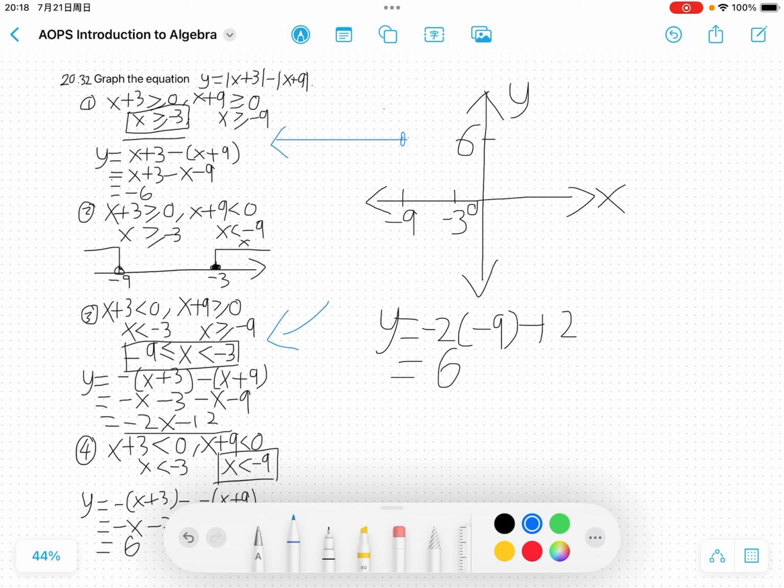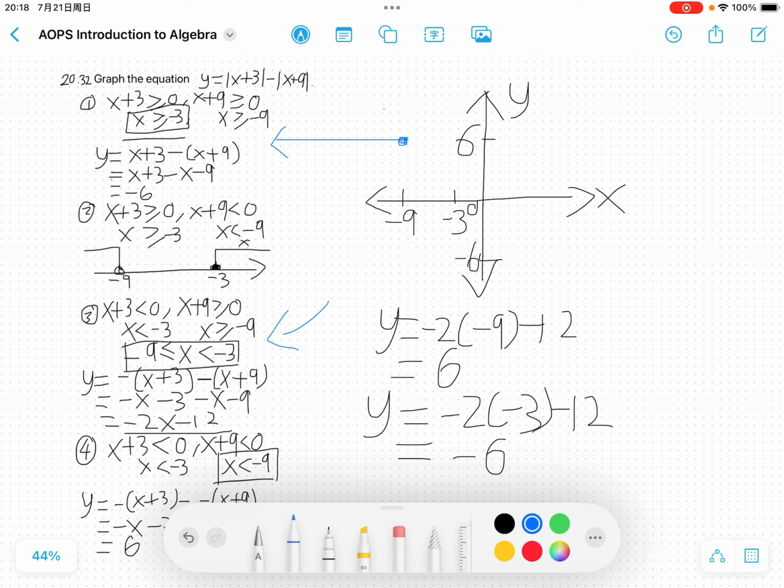So we plot this point here. Then let's allow x to equal negative 3. I know that's not allowed because x is less than negative 3, but let's assume it and see what happens. When x is negative 3, we have y equals 6 minus 12, which is negative 6.